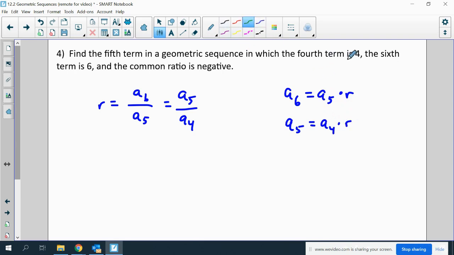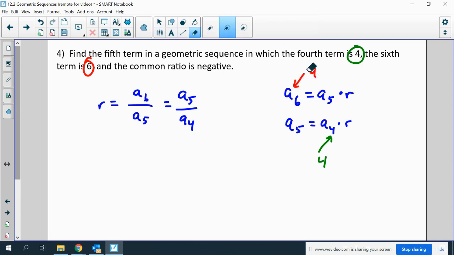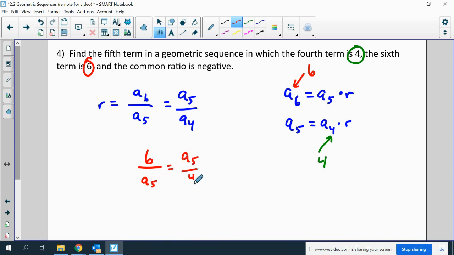So what I'm going to do is I'm going to take 4, plug it in for a sub 4. I'm going to take 6, plug it in for a sub 6, and then do some cross multiplying. So 6 over a sub 5 is equal to a sub 5 over 4. Cross multiply, I get 24 equals a sub 5 squared.